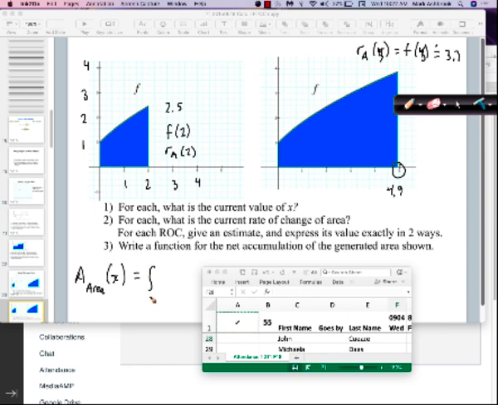Right, the region starts at 0, so the net accumulation starts from 0 to x of the R sub A of t. And what is that? We don't have an R sub A function, right? So what do we have? The rate of change, so I guess f. Is f the rate of change? Yeah, the value of the function is the rate of change, so f of t dt.